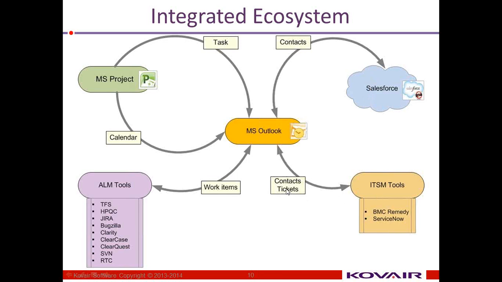From ITSM tools, we are synchronizing the contacts, tickets, work items, we are creating them, getting updates from the ALM tools like TFS, HP Quality Center, Jira, Bugzilla, Clarity, ClearCase, so whatever tool you are using in your environment. And also the project planning and task management from MS Project. So the tasks should get synchronized, the calendars should get synchronized with Outlook.